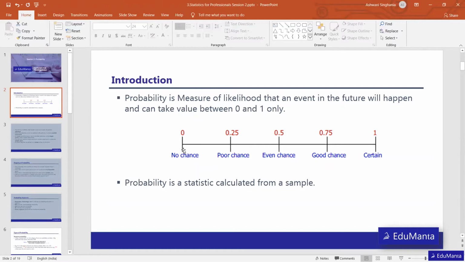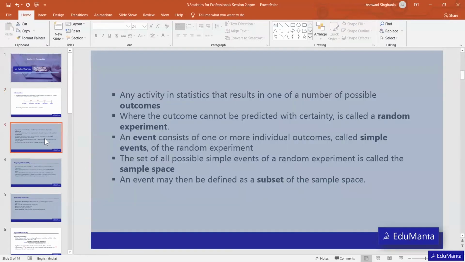If there are dark clouds in the sky and a high probability of rain, we move towards 1. 1 represents 100% probability, certainty that the event will take place, whereas 0% means certainty that it will not happen. There are a few terms in probability.